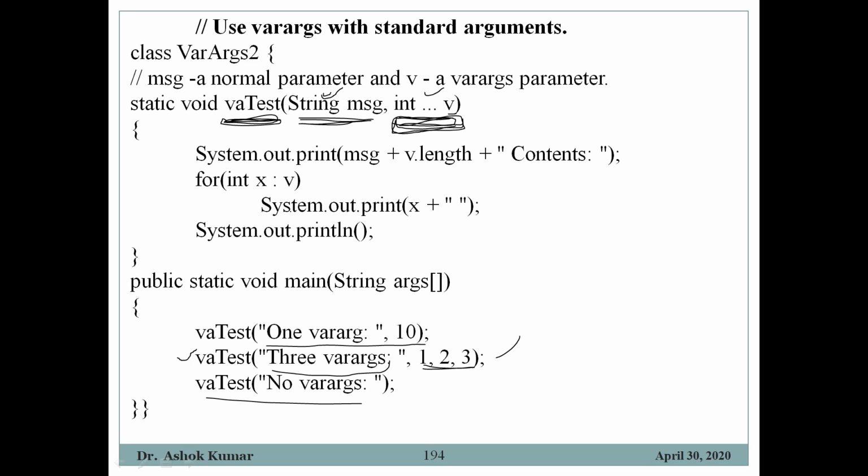So when you implement a variable-arity method, the variable argument must be the last parameter, and non-variable arguments should come before that.